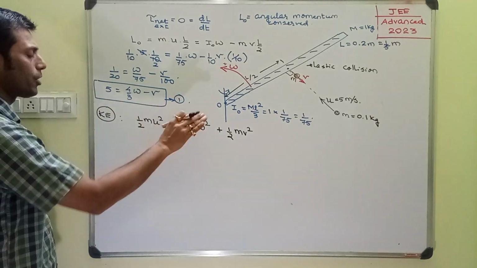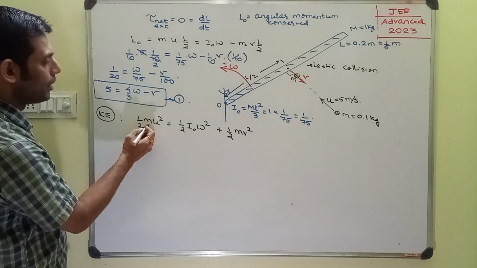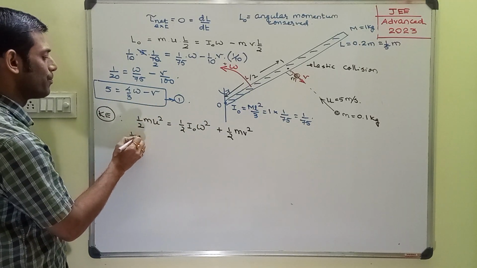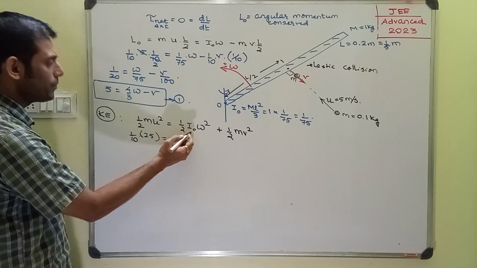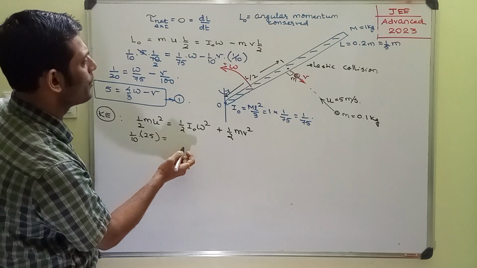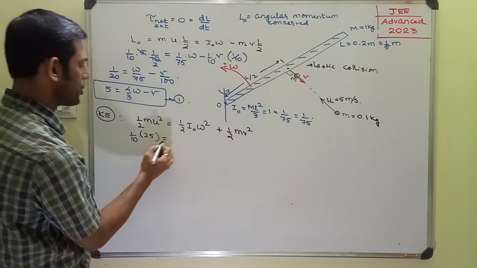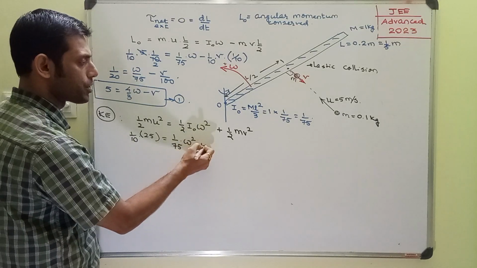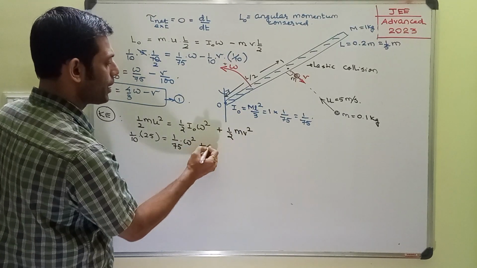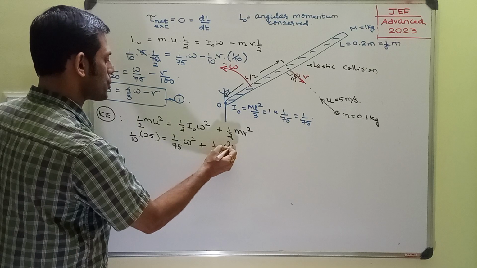Let's cut off half. Now small m, that is the object, is 1 by 10 and u square is 25. I naught is equal to 1 by 75, hopefully as we have calculated. So 1 by 75 into omega square plus, of course, small m is again 1 by 10 and v square.